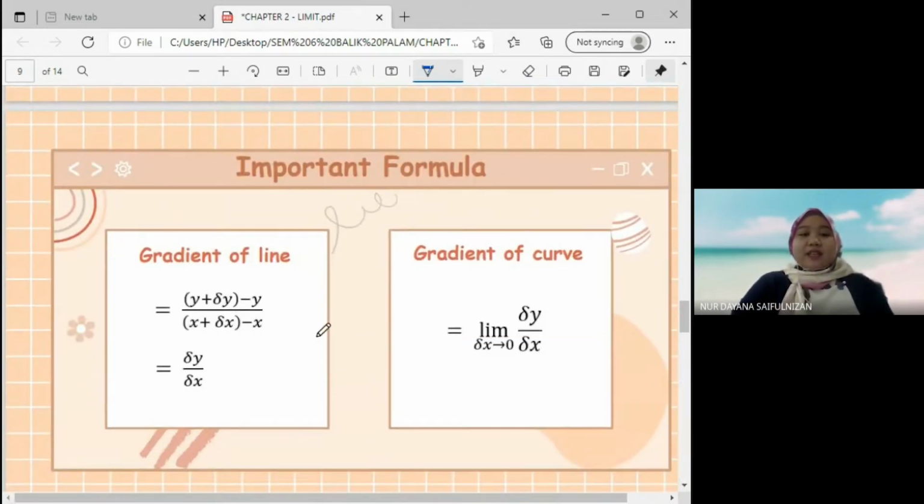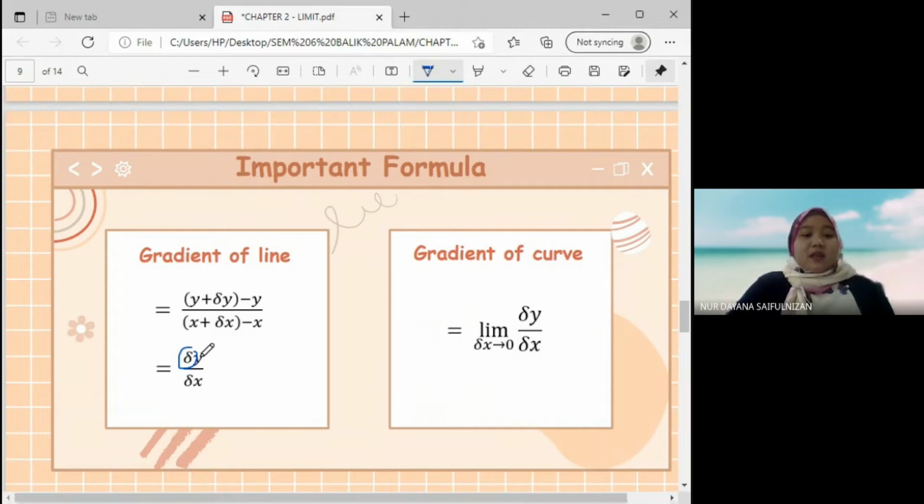So here are the important formulas in this subtopic, which are gradient of line and gradient of curve. We take a look at the first formula, which is gradient of line. How to find delta y? This is what we call delta. How we find delta y is (y plus delta y) minus y.